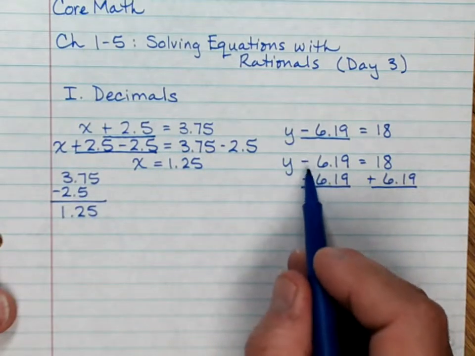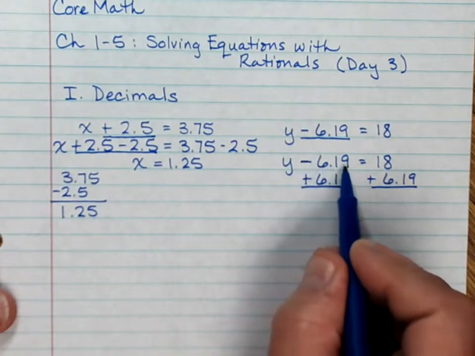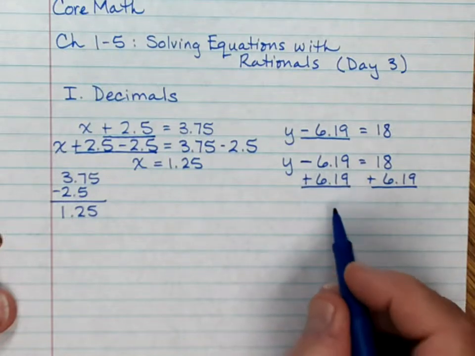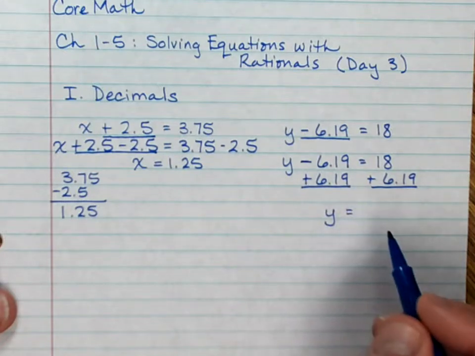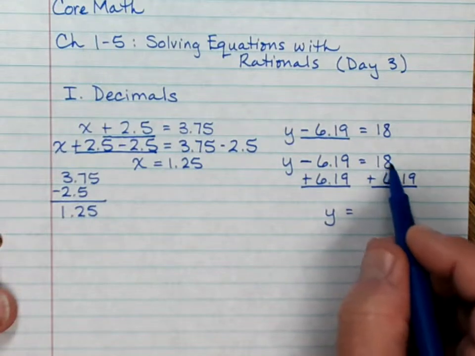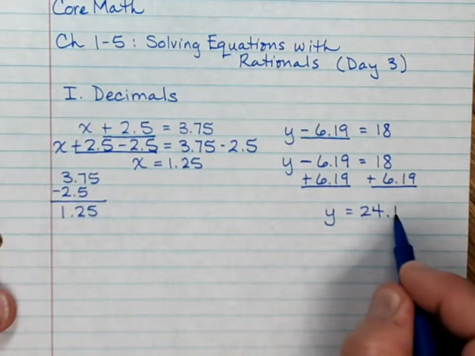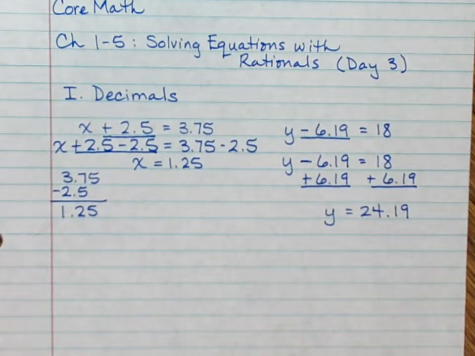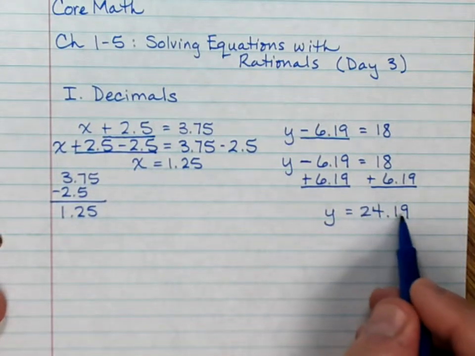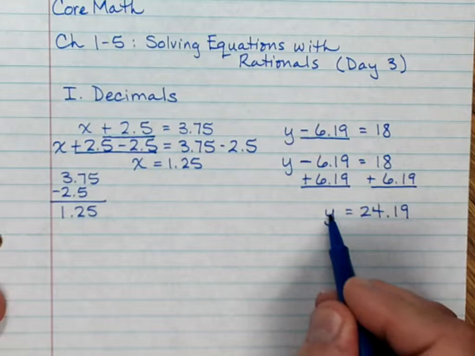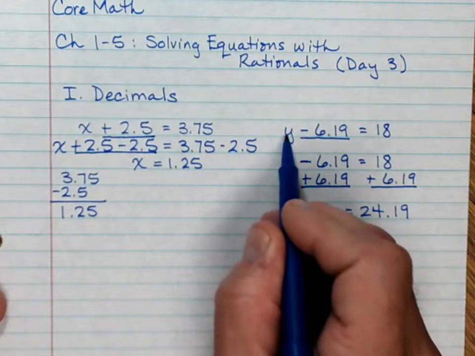Again, opposites equal 0. This is a negative 6.19 plus 6.19, and that will leave you with y. 18 plus 6 is 24, and that leaves you with 24 19/100. If the directions say to check your work, that means you need to take this solution, 24.19, and replace it wherever you see y.